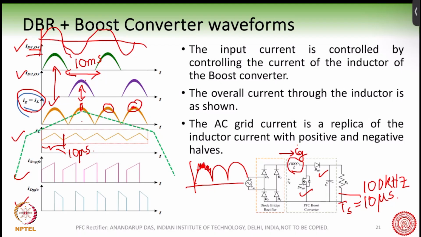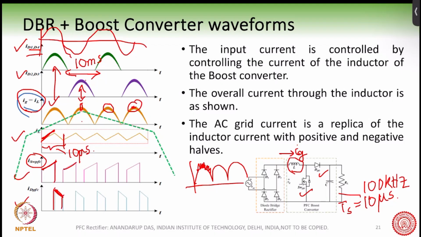In that 10 microseconds, the SWPFC, the MOSFET and the diodes are conducting one by one alternatively. So when the MOSFET is conducting, as you can see, the current is rising. This is where ISWPFC, the current through the MOSFET, is rising. And then the diode current is flowing.